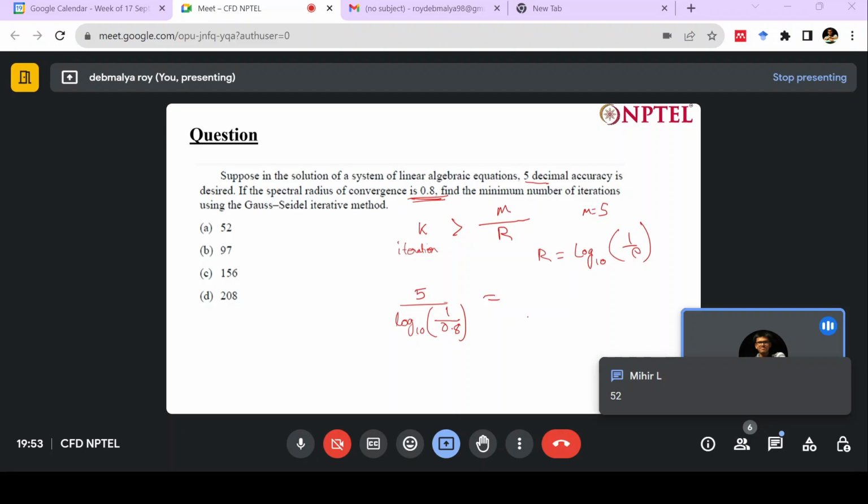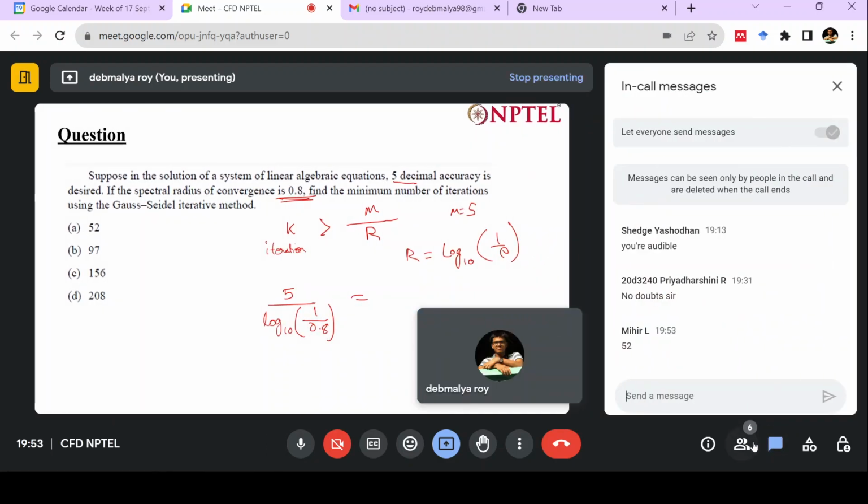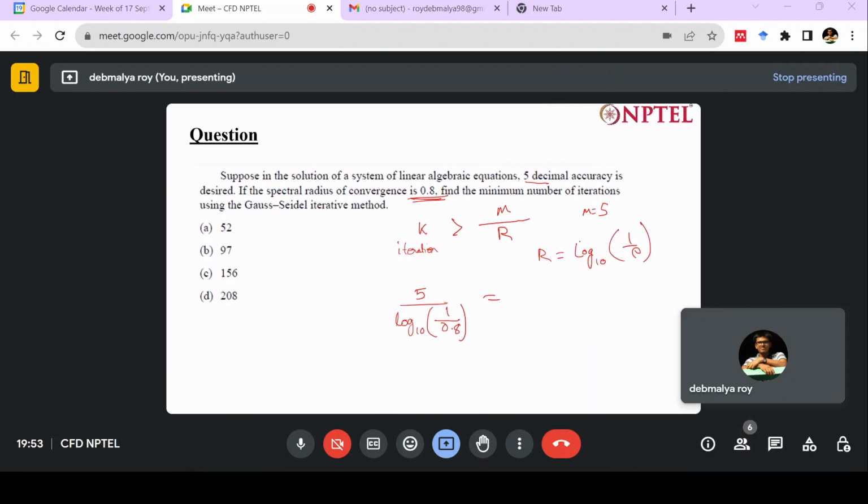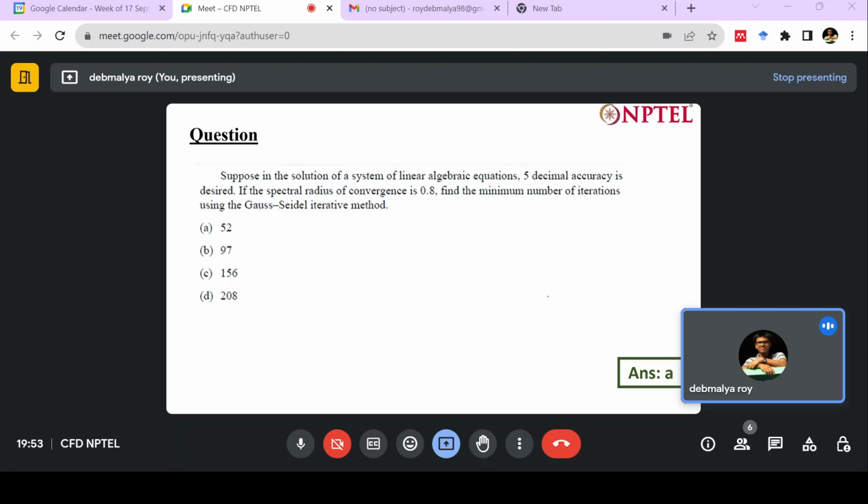Can someone tell me how much this value will be if you have a calculator nearby? 52. Okay, 52. All right. So that is the number of iterations that will be required for Gauss-Seidel.